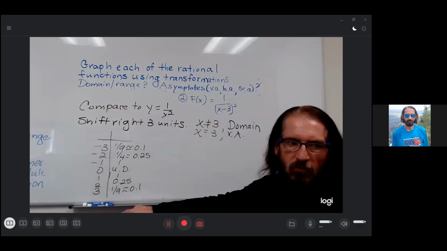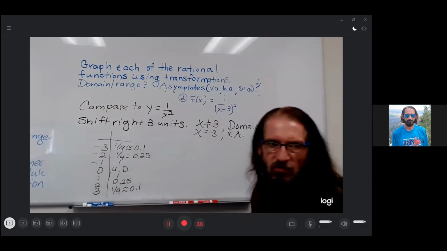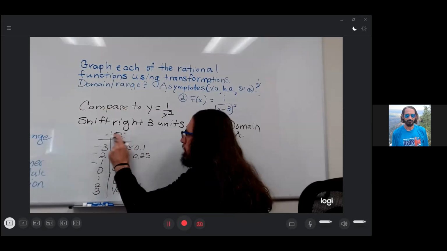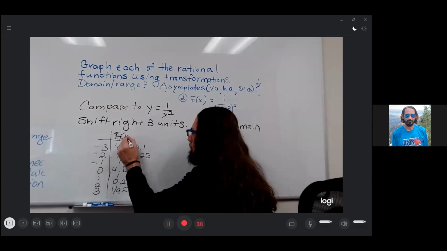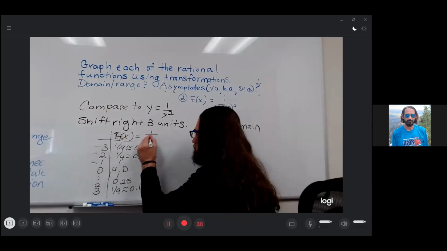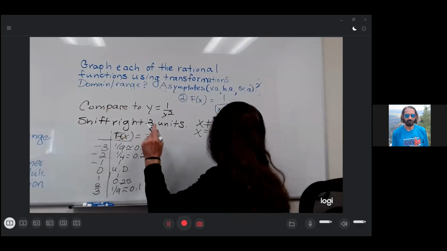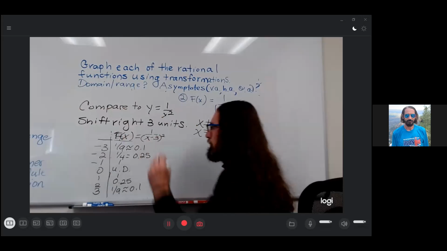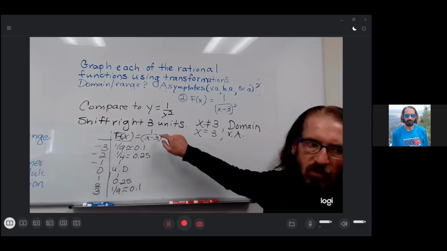There are no vertical changes here. But we need to just shift right 3 units.